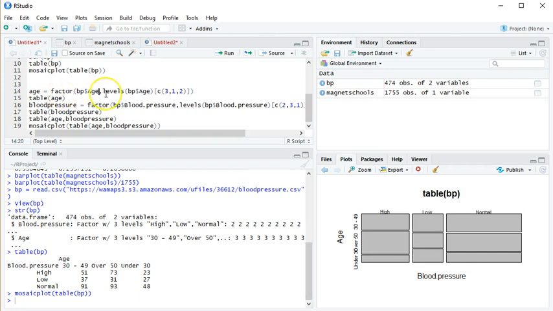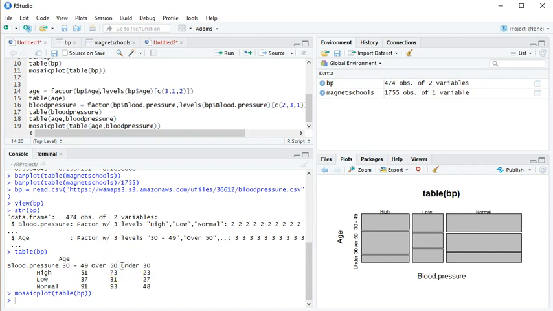So what I'm doing here is I'm going to reorder the categories, in terms of which one's lowest to highest. And right now, let's see, what's the order here? Hey, look at the contingency table on the lower left. 30 to 49, then over 50, then under 30.